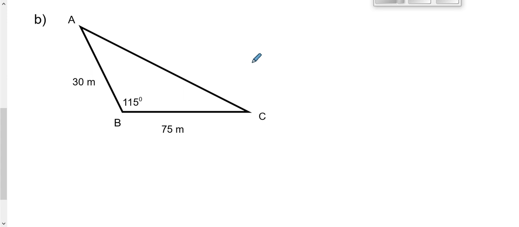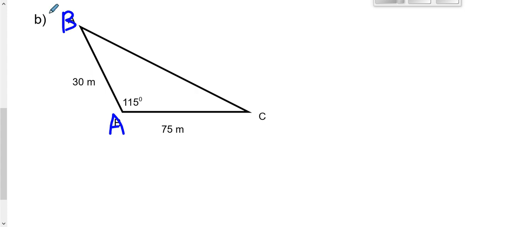So I'm going to change this to A. What about my B and C? Doesn't matter. If you want, keep this as a C. That's what I'm going to do. And then change this one to a B.